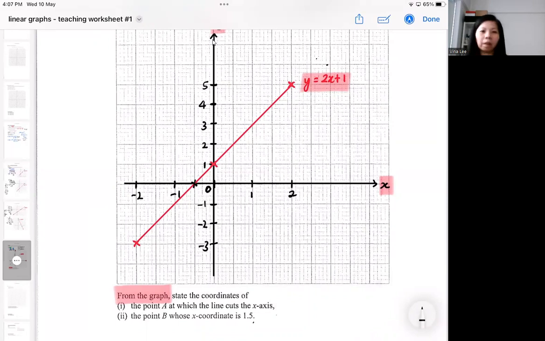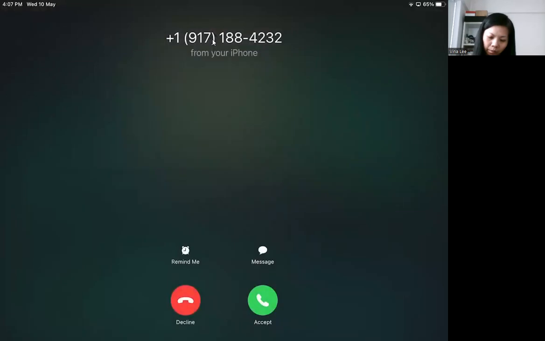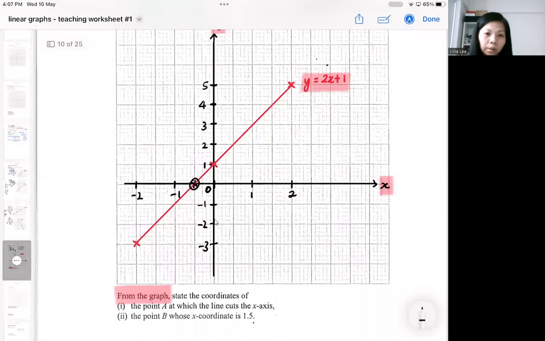Imagine the red line as a knife and the x-axis as another line. They will cut each other, and this is the part where they cut each other.